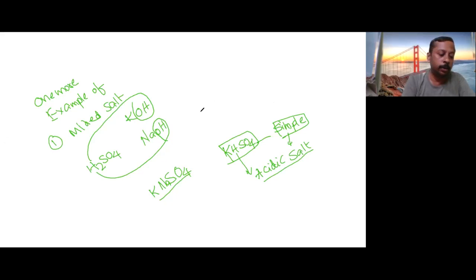Is that understood? Now somebody is asking about complex salt. One more example. Let us take CoSO4, cobalt sulfate, mixed with ammonium sulfate, (NH4)2SO4. After mixing both of them, what will they form? Ammonia will be outside.